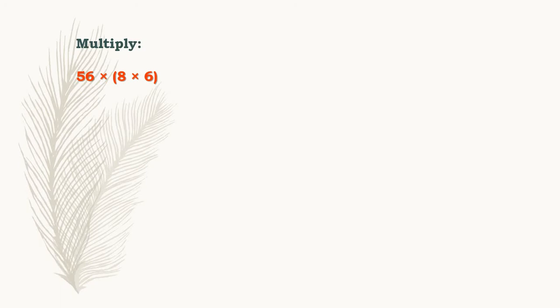Multiply 56 into, in bracket, 8 into 6. So you first multiply 8 and 6 and then multiply the product with 56. Correct, your answer is 2688.